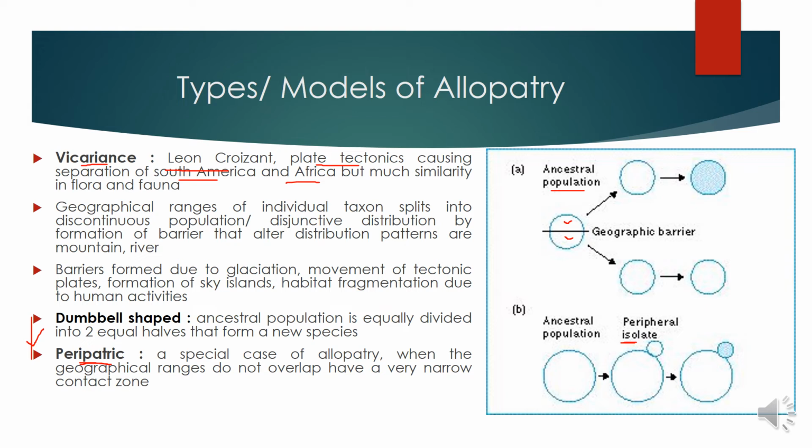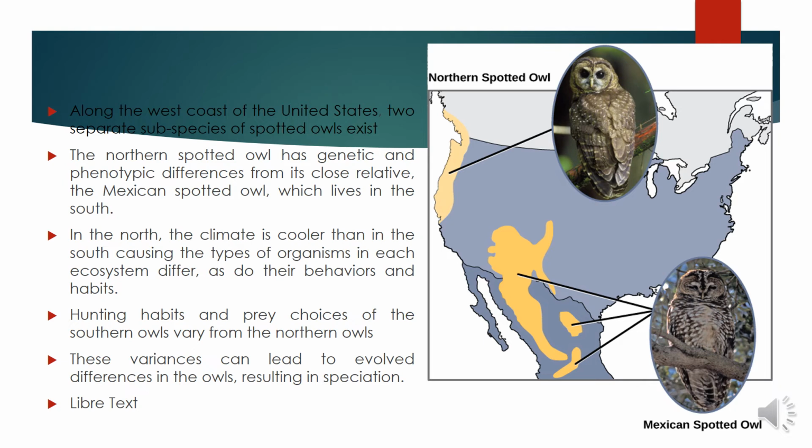So each of these plants of South America, Africa, and the Indian subcontinent have evolved into new species, or are still evolving. They are subspecies of the parent species. In this way, the allopatric model has been seen in many plant species in South America, Africa, and India.